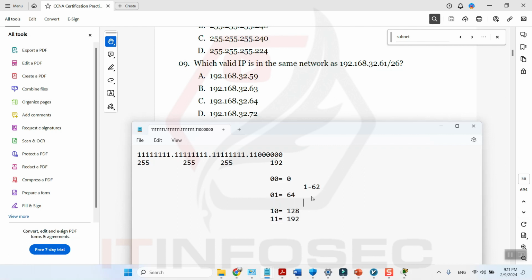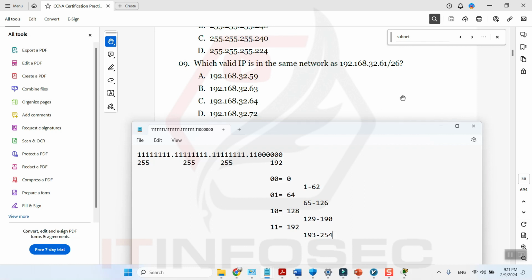The IP addresses start from 1. The 64 is the subnet address, 65 until 127 is broadcast, 126. This starts from 129 until 192 is the subnet address, 191 is broadcast, and 190. And valid IPs for this subnet can be 193 until 254.